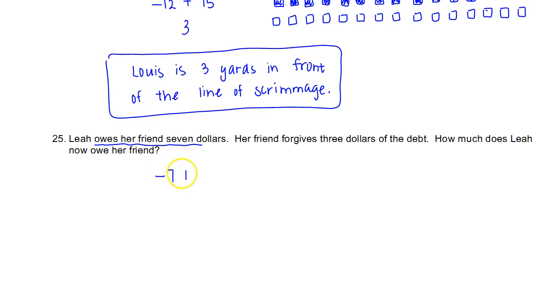I could add a +3 because $3 is forgiven, or starting with that $7 that Leah owes, we could subtract 3 of the dollars that she owes. So I could write either addition or subtraction for this one. It just depends on which one makes the most sense to you, but either one of them could be used to find the answer. And I'm going to go ahead and model both of these.